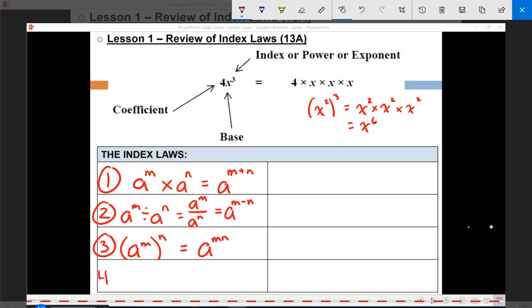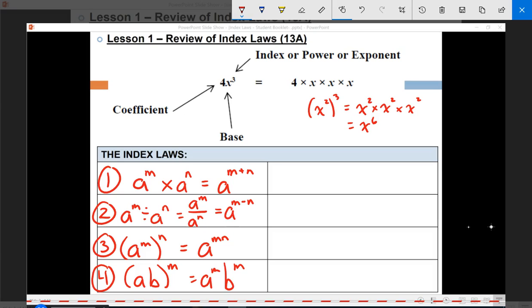Okay, the fourth one. If I have a times b, all to the power of m, I have to distribute the power through. So this is a to the m, b to the m.